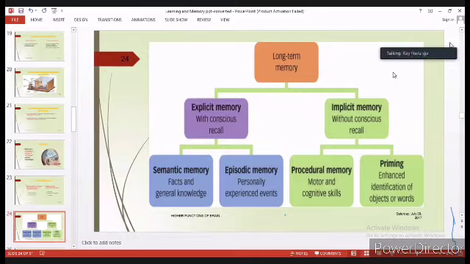Now, implicit memory as part of long-term memory can be further divided into procedural memory, which is more motor and cognitive functions. You don't need to think about it, because without conscious means without thinking about it. When you learn how to drive and get into a car, you don't have to think about it. It just becomes like a reflex. If you learn how to ride a bicycle, you just get on and start cycling.